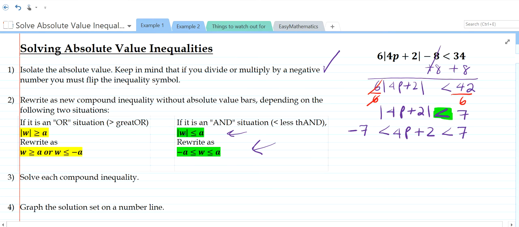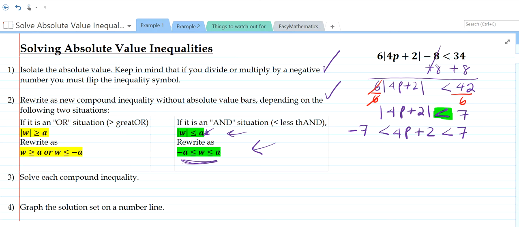If it's less than or equal to A, we can rewrite it as W in between the negative of A and the positive A. Now we are done with step 2, and we move on to solve each compound inequality, in this case, this and situation.